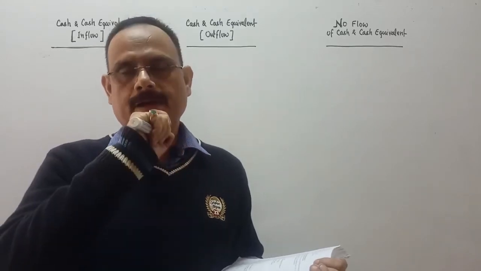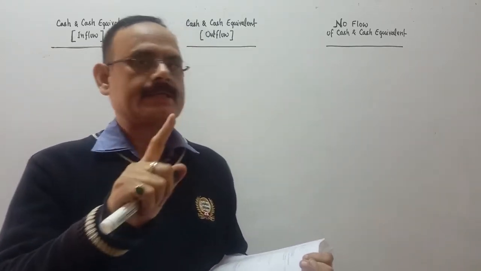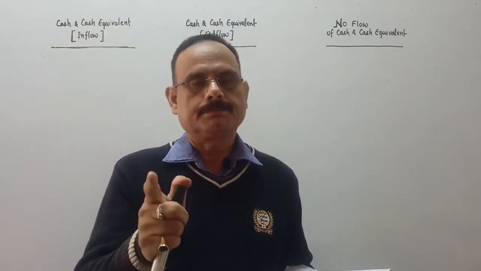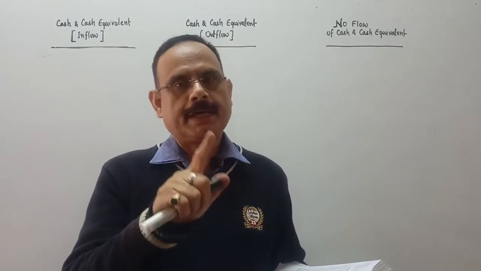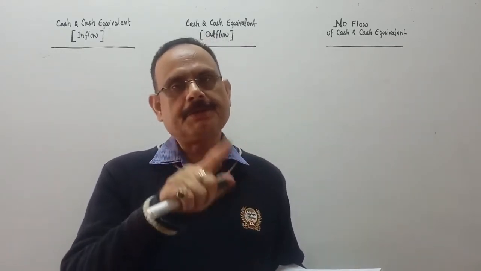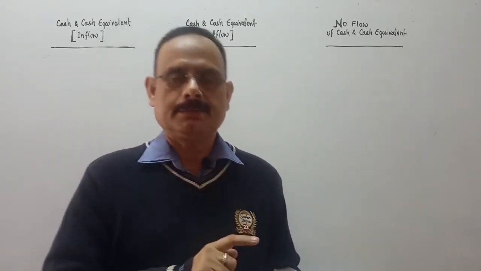There are two sides of a transaction, debit and credit. One side of the transaction, whether debit or credit, must be cash and cash equivalent.